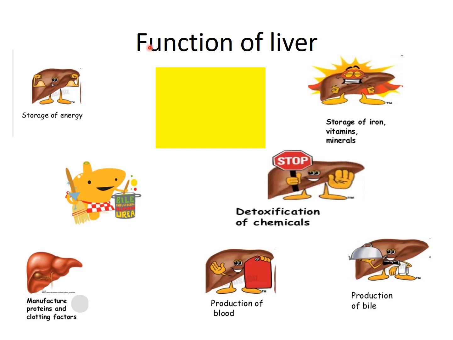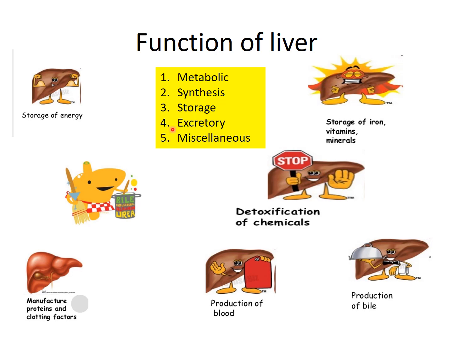The most important function of the liver is detoxification of chemicals. If we want to summarize the functions of the liver, we can say the functions are metabolic, synthetic, storage, excretory, and other miscellaneous functions, which we will be studying in detail in the next slides.